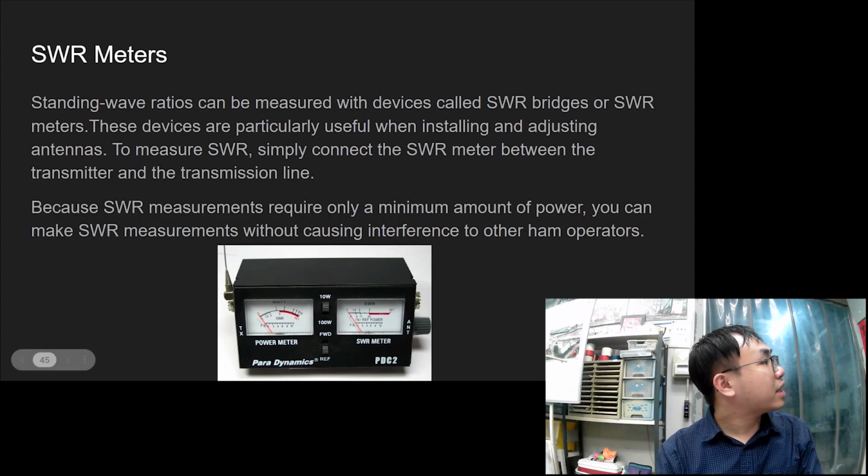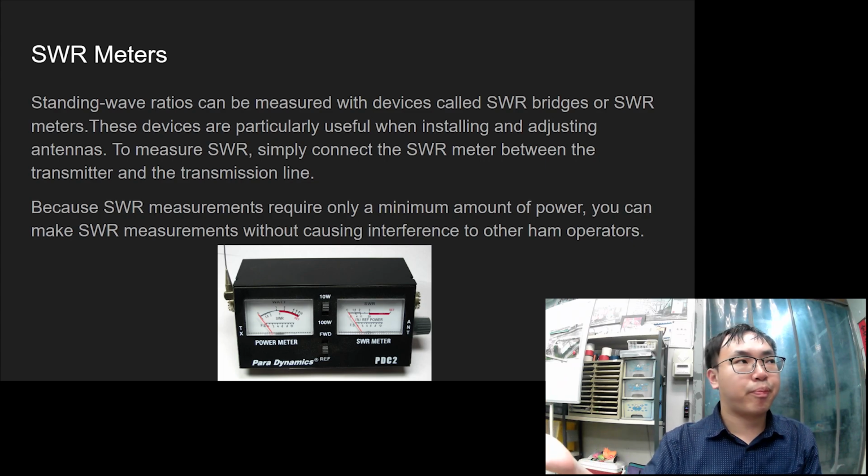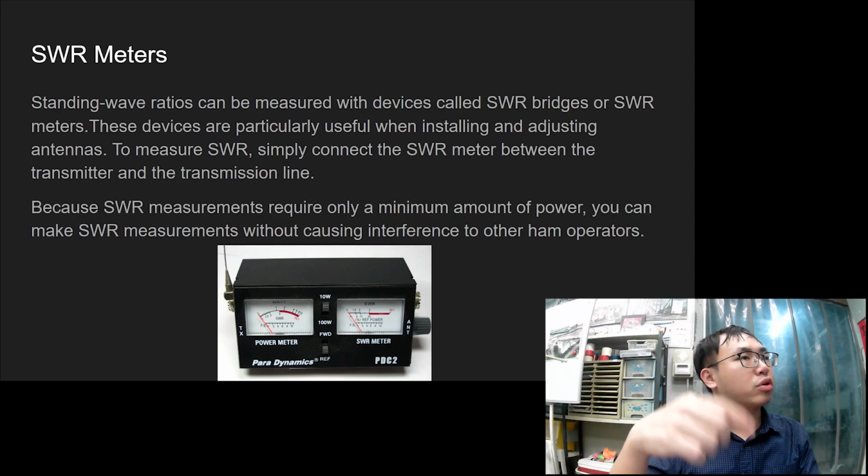So you see there is a red zone, right? 1 to 2 is the boundary. So if your SWR exceeds 1 to 2, it will be in the red zone, and it will have a reflected power which may risk damaging your machine.